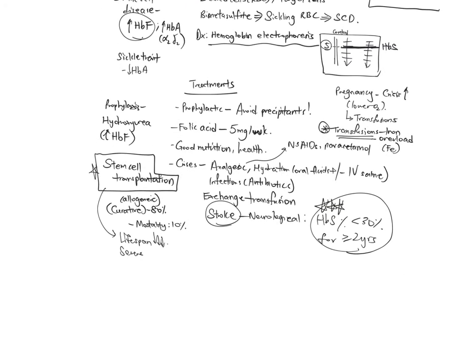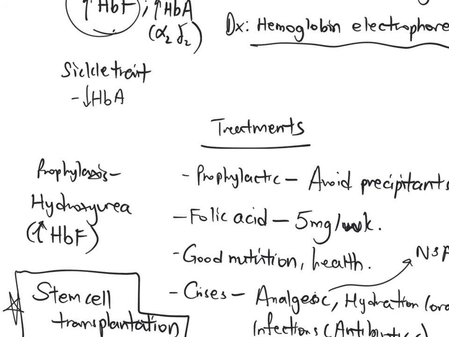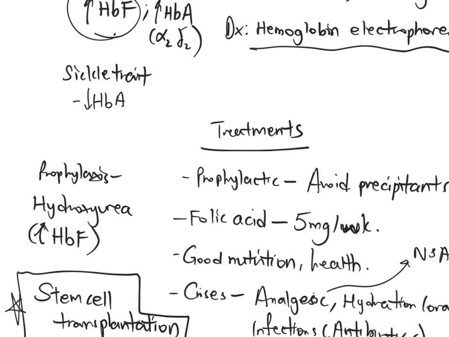I'd just like to talk a little bit more about the sickle cell trait. So in terms of sickle cell trait, it's a very benign condition. You would not see signs of anemia, and also the red blood cells tend to look normal on a blood film, and you will not see the sickling that I mentioned before.